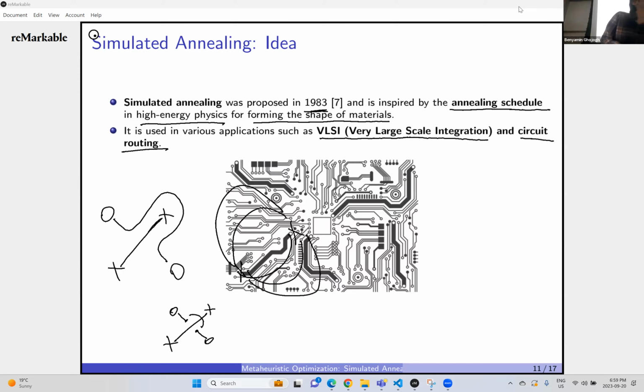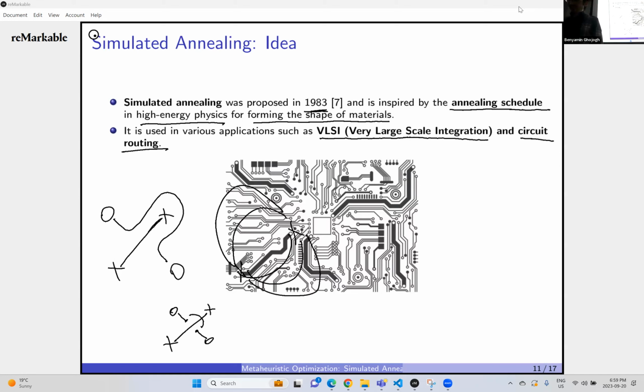For example, there are robots in Amazon that want to route and find the product and bring it to the shipping center or something like that. So they also route, find the best routes. Also here, we are finding the best routes for the paths on the PCB. And yeah, as I said, we need to optimize them.